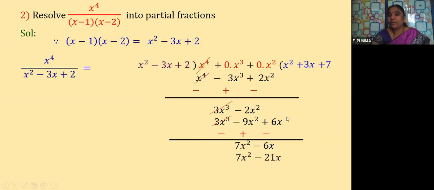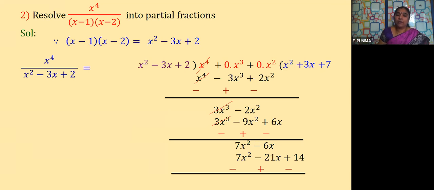Minus 3x into 7 is minus 21x, plus 2 sevens are 14. So what I am doing here? I am changing the sign. So minus plus minus. So here again minus 7x square and plus 7x square are cancelled. After cancellation, what is there, children?